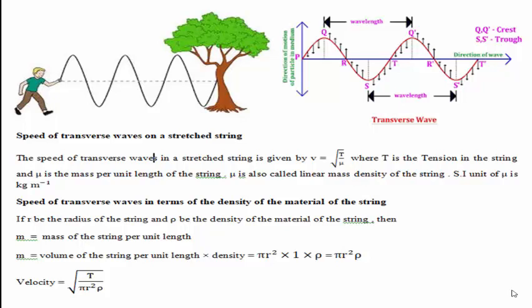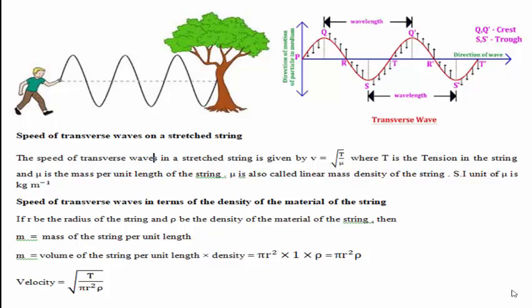You can easily know the basic formula, that is density is equal to mass divided by volume. If you want to calculate mass, then mass equals density into volume. But in this case, you need the mass of the string per unit length. It becomes density of the string multiplied with the volume of the string per unit length.